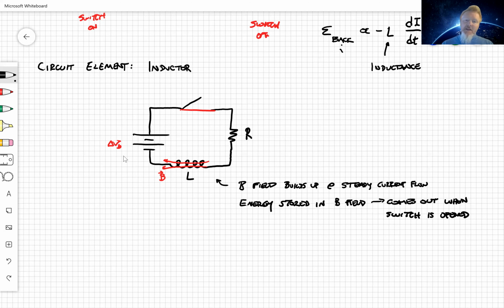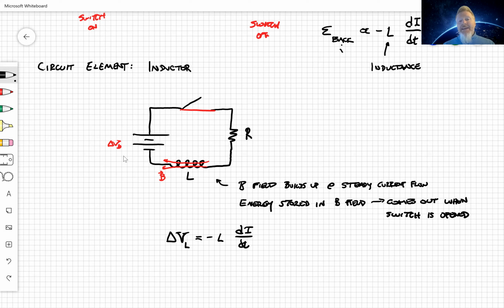All right, so this is the inductor, and the voltage across the inductor, let's do it this way. Let's say delta V across L is in fact exactly what we thought it was up above. It depends on the rate of change of the current.